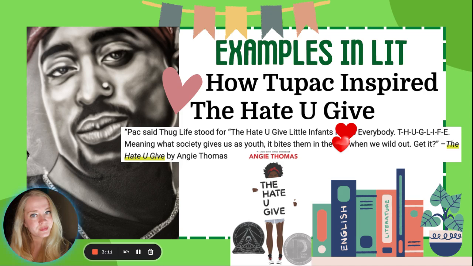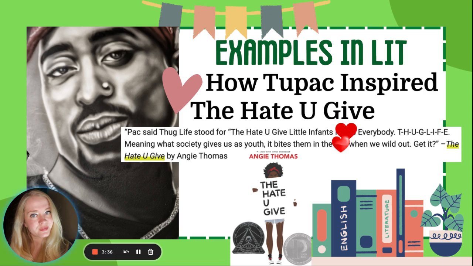And it really is kind of an activist book that Angie Thomas has put together. And it shows how society has been changed because of the hatred that has been given to tiny babies. And all of that kind of references back to Tupac and some of his poetry and some of his sayings.